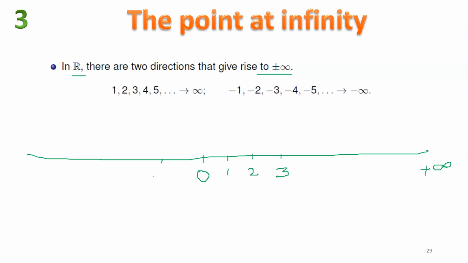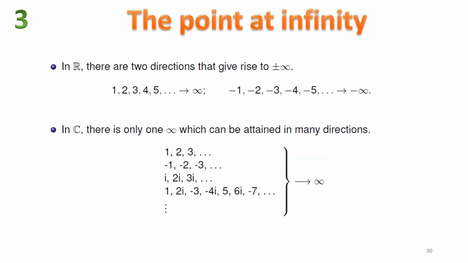Similarly, one can travel in the negative direction such that we can reach the entity minus infinity. So here there are two directions that give rise to plus or minus infinity. Unlike the real set, we have only one infinity in the complex plane.